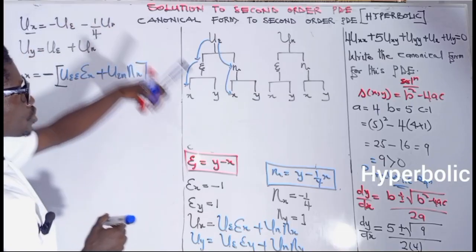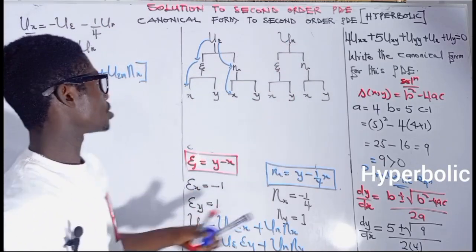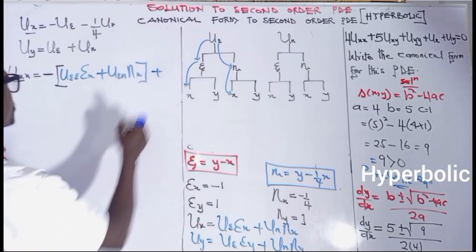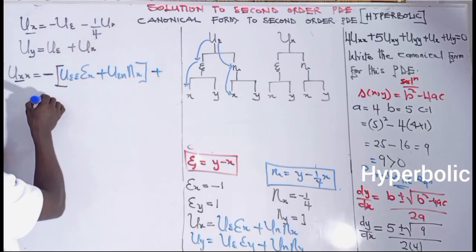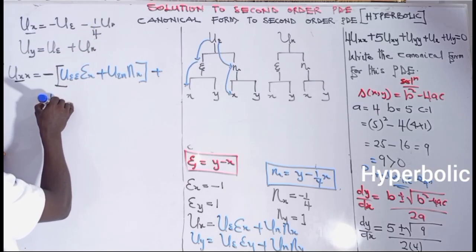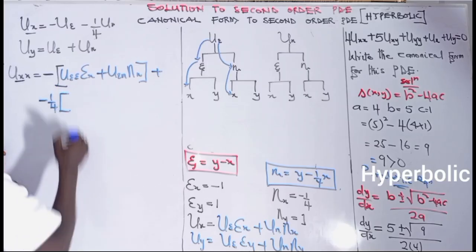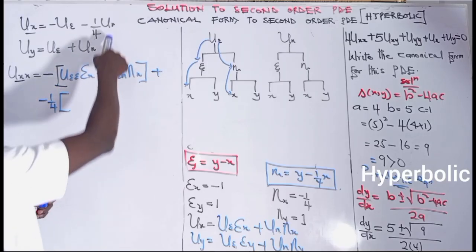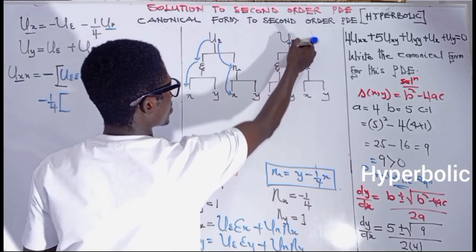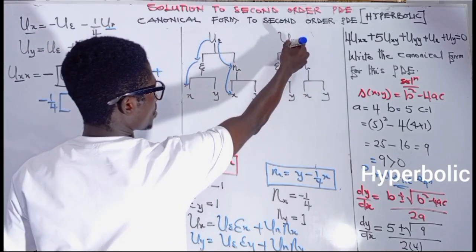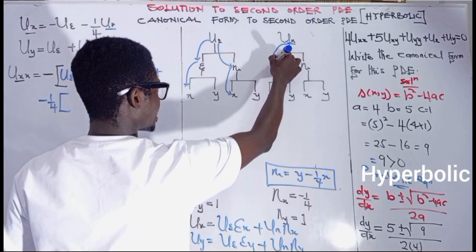We have u eta here, so we have to find the expression for u eta as well. So we have plus that one too. We have a coefficient of -1/4, so we have to write it -1/4. Then we find the expression for u eta. We are going to use this diagram. This is how we are going to read it: u eta xi.